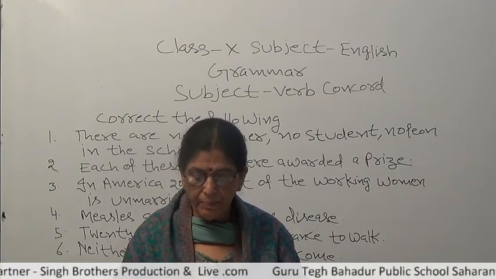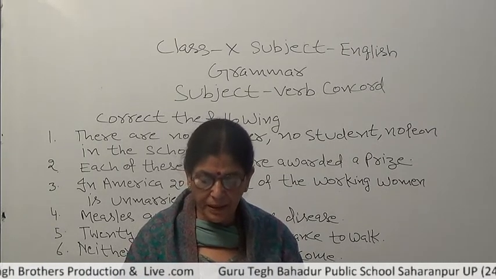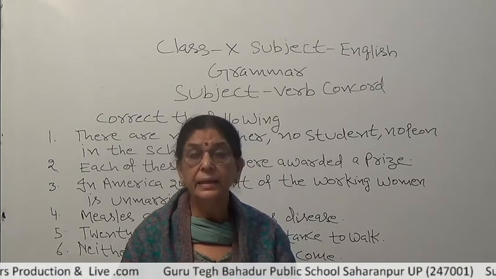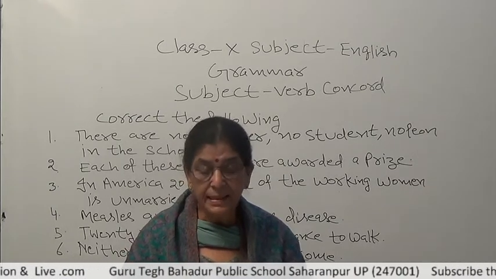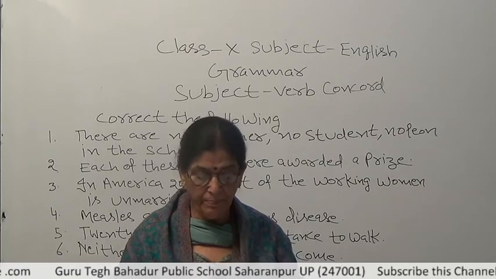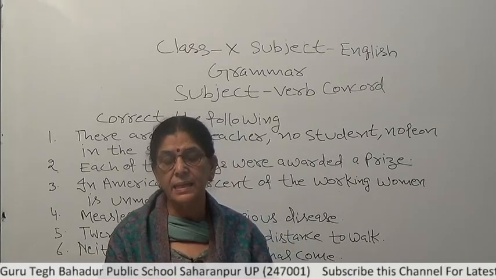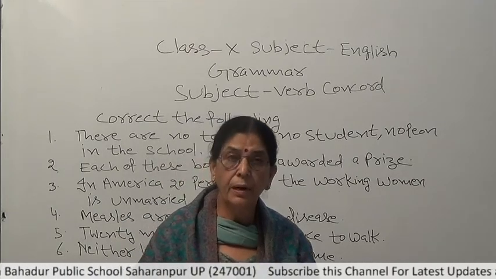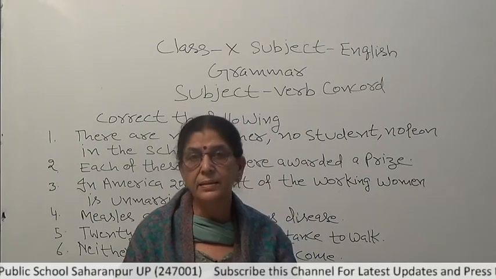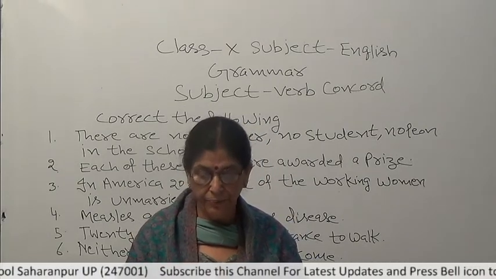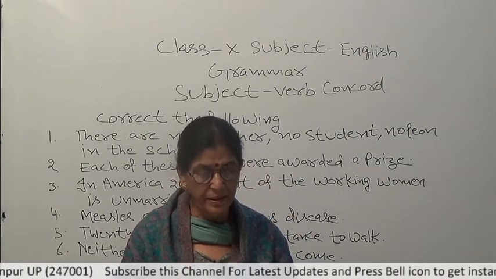The part that refers to a person or thing is called the subject, and the part which gives us information about the subject is called the predicate of the sentence.